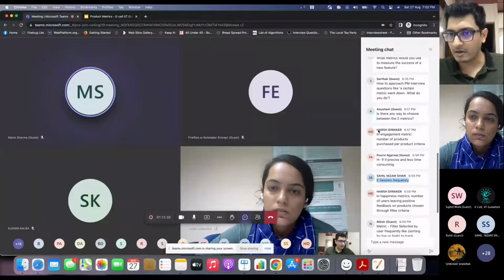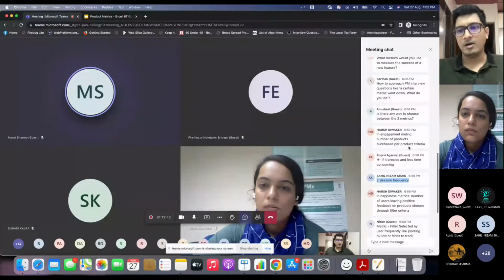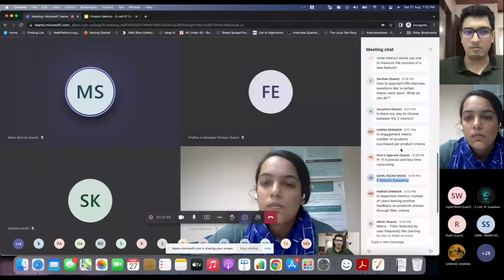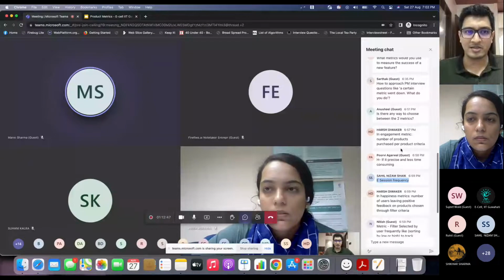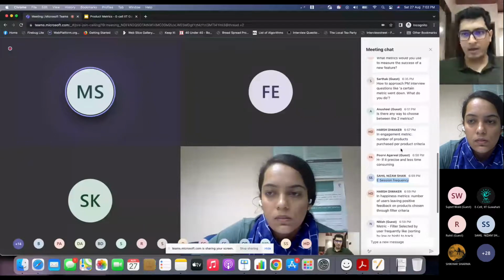Anyone with the engagement metric? Harsh Divakar, number of products purchased per product criteria. Sure, but engagement metrics are typically tied more to the actual actions that users are doing with your product. Here, people are clicking on filter criteria or values, applying the filter or discarding the filter.